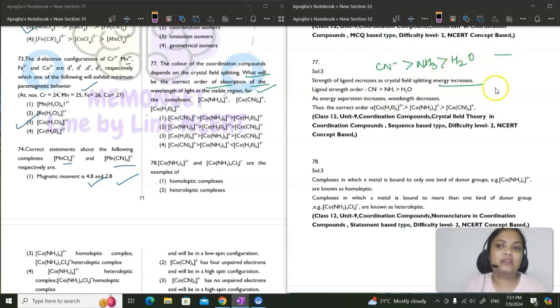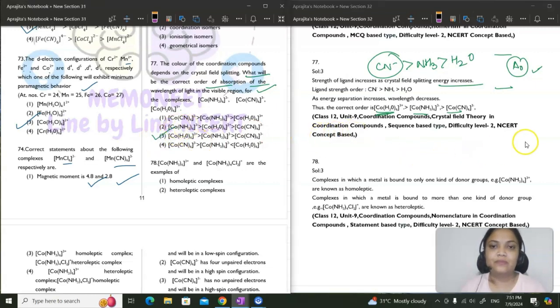If the crystal field splitting energy is more, the wavelength will decrease. So the least wavelength will be for cyanide, then ammonia, and for water it is going to be the maximum, because the crystal field splitting is minimum for water. So the answer is option number 3.